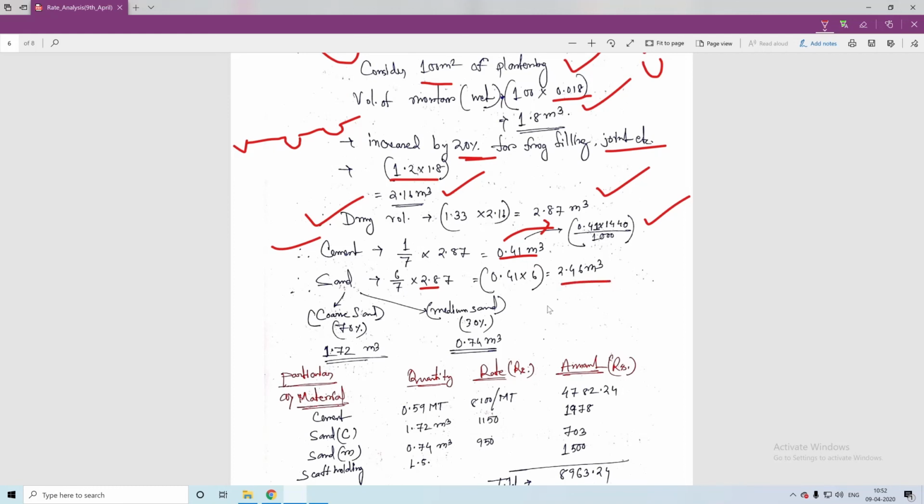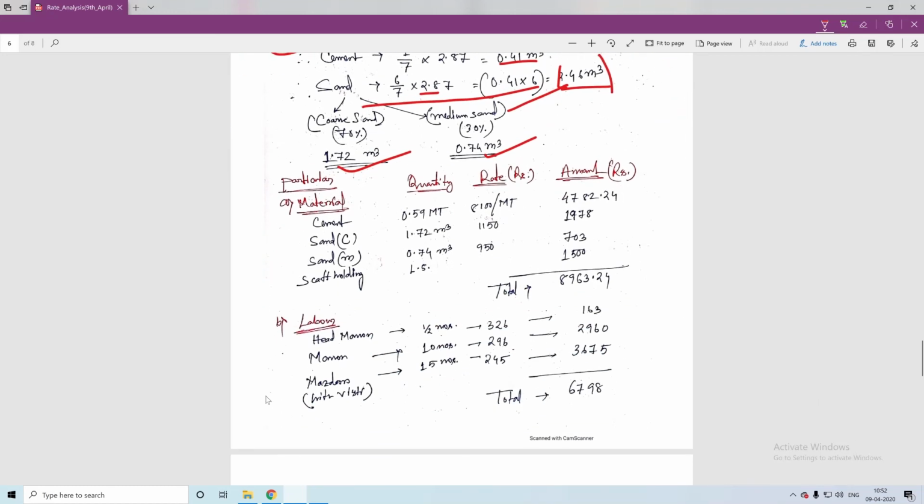Now this 2.46 you consider 70% and 30%, so 1.72 and 0.74. Add these and you get 2.46. Now the same table: material cement, sand, this is coarse sand, this is medium sand.